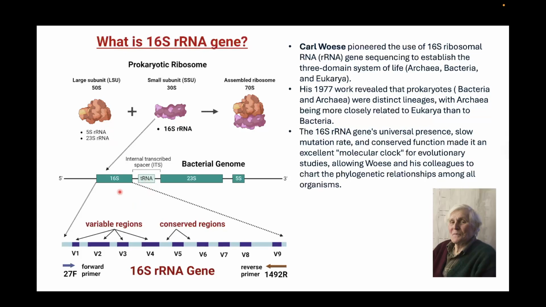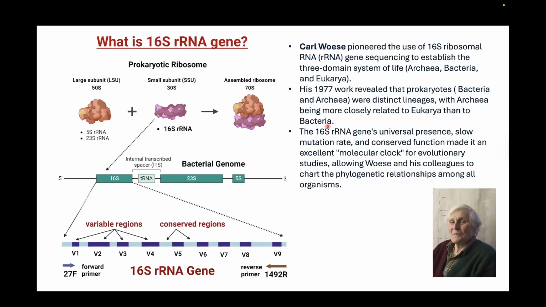So why 16S rRNA? Because there are various conserved regions and variable regions which tell us about the ancestry and evolutionary divergence of archaea, bacteria, and eukarya. So Carl Woese in 1977, his work revealed that prokaryotes were distinct lineages, with archaea being more closely related to eukarya than to bacteria.